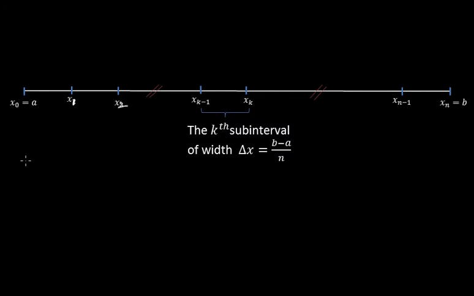Now, in each one of these subintervals, we want to choose a c sub k. We want to choose a sample point C1 in the first subinterval and C2 in the second, and so on. But just picking them arbitrarily won't help us with what we want to do. So we want to learn how to pick these sample points systematically.